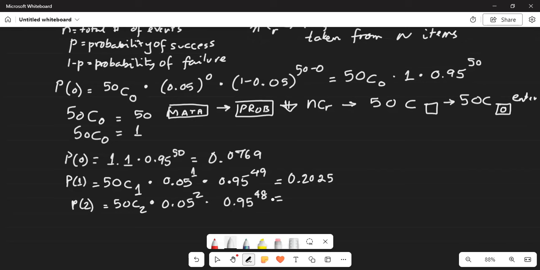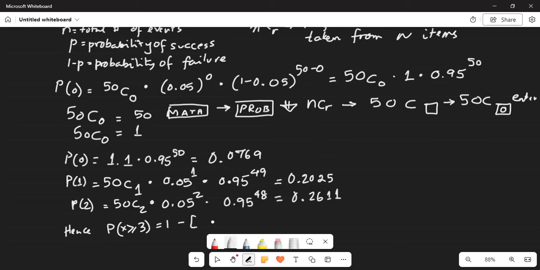This is 1225 multiplied by 0.05 squared multiplied by parenthesis 0.95 parenthesis, then exponent 48. And that is 0.2611.